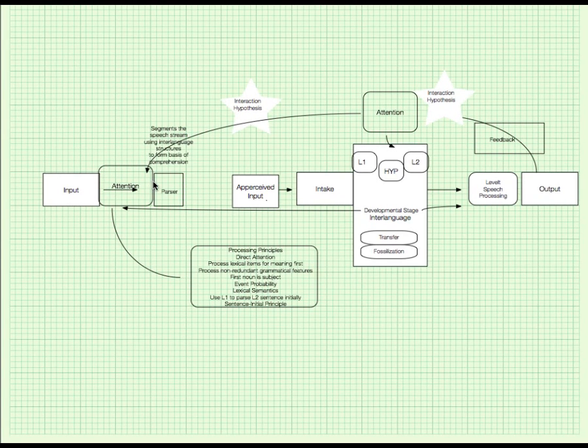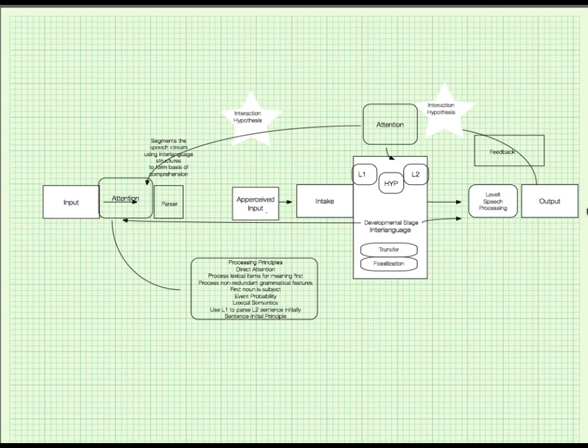Also on the input processing side of things, Michael Sharwood Smith has advanced a rather important distinction. He says that there are two ways of processing input. One is for the purposes of comprehension, and one is for the purposes of actually changing the language, the interlanguage, that is to say acquisition.